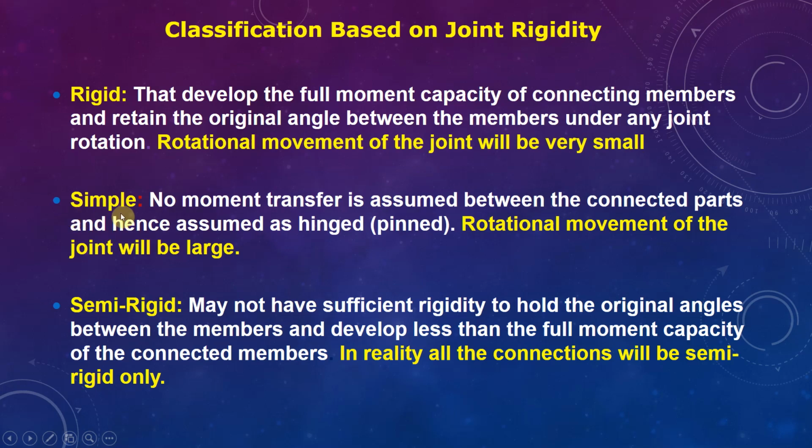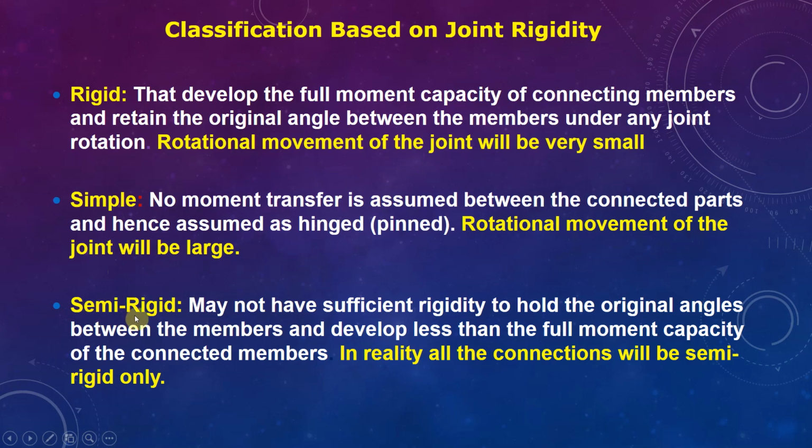Whereas in simple connections, no moment transfer is assumed between the connected parts and hence assumed as hinged or called as pinned. Rotational moment of the simple connection will be very large. So there is a large rotation of the simple or flexible connections. That's why they are called as flexible ones.